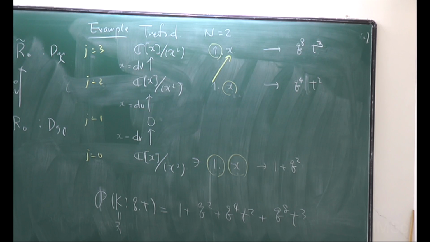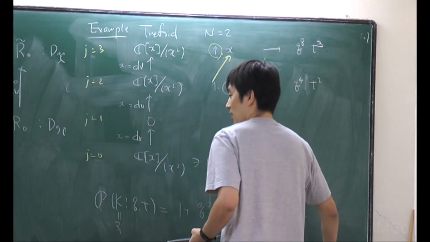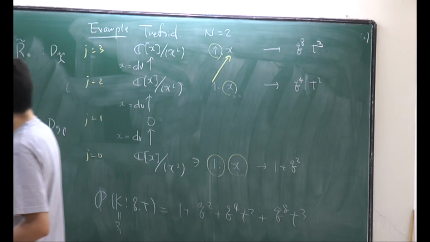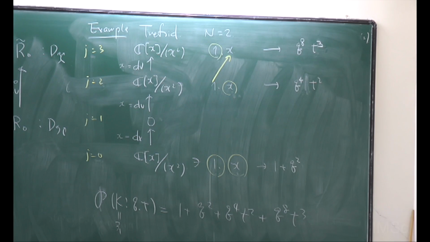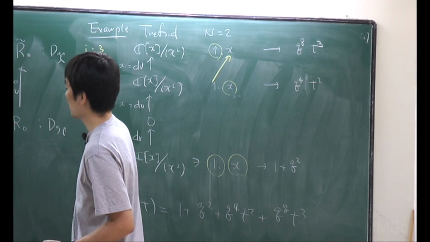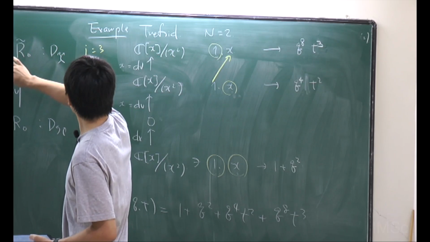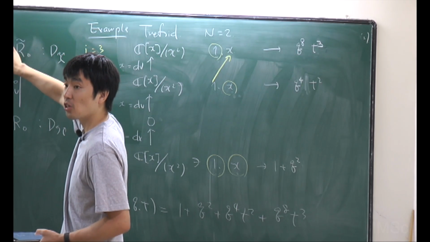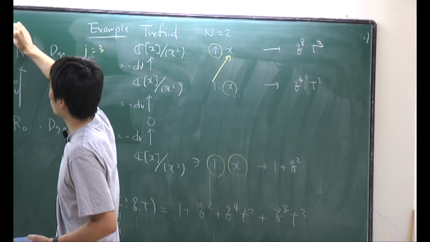How about the triple graded one? Triple graded one is very easy. You just put the potential equal to zero. Then, if you look back at the definition, D minus becomes automatically zero.